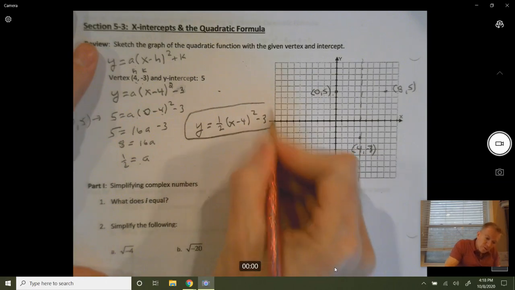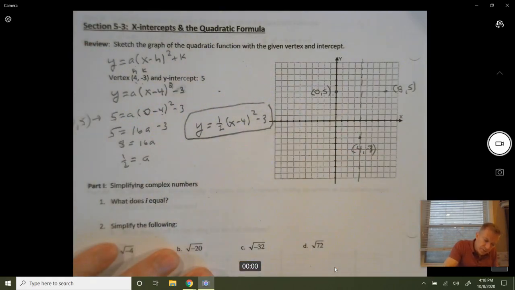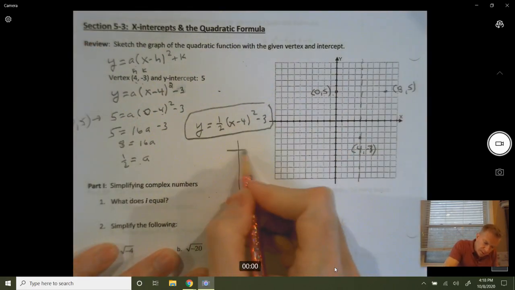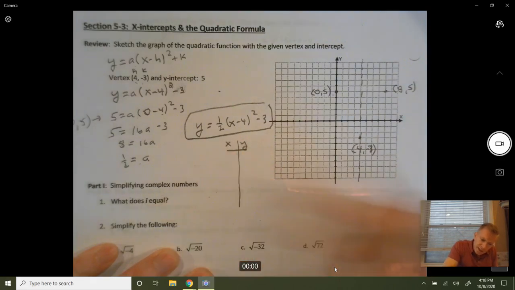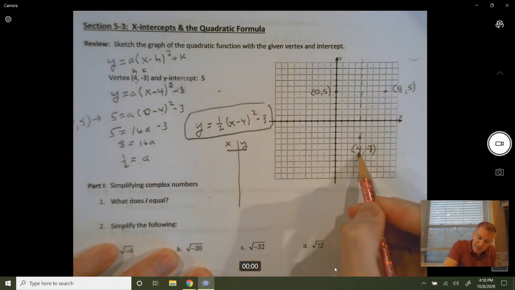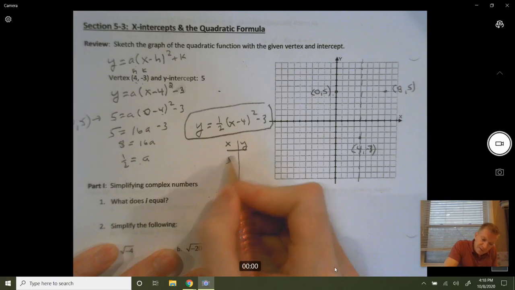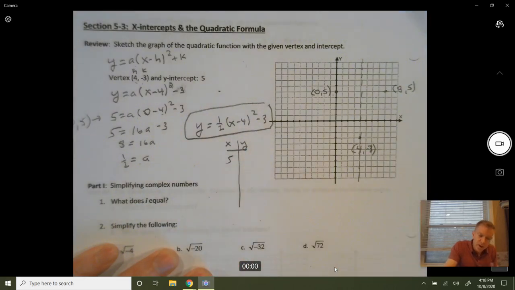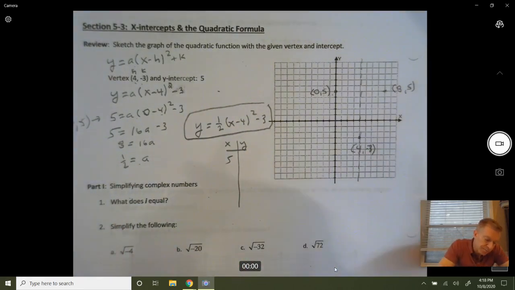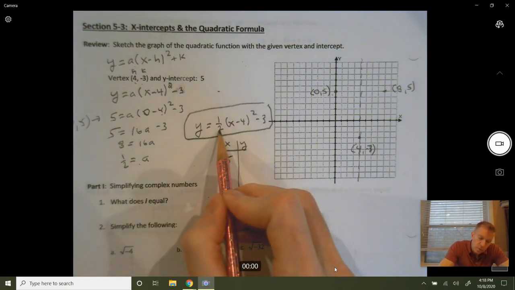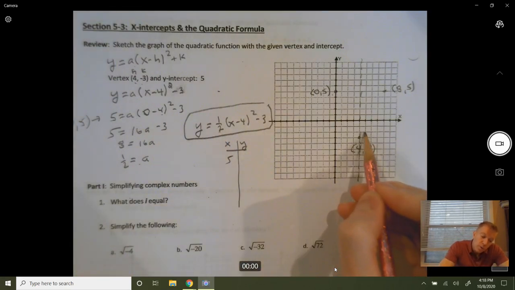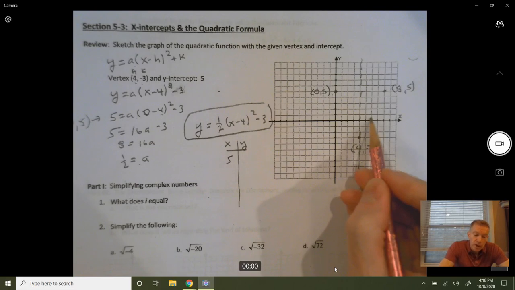Okay, so what you can do here, there's a couple ways you can do it. You can make a table of values, x and y, and pick points near the vertex, so I can plug in 5 and see what my y is. Or I could follow that pattern. Remember the pattern of over 1 up 1a, over 1 up 3a, over 1 up 5a.